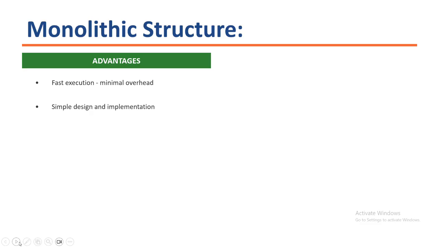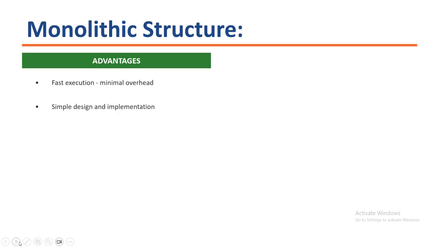Advantages of monolithic structure: fast execution, minimal overhead. That means since all parts of the operating system run together in the same space, they can talk to each other directly and instantly. This makes the system run faster.